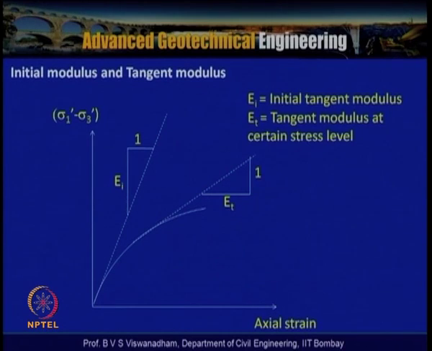The secant modulus is defined up to that particular stress level, where the slope of that line is valid. So it is very important for determining these initial soil stiffnesses correctly.